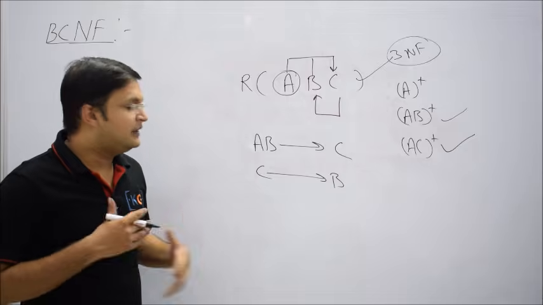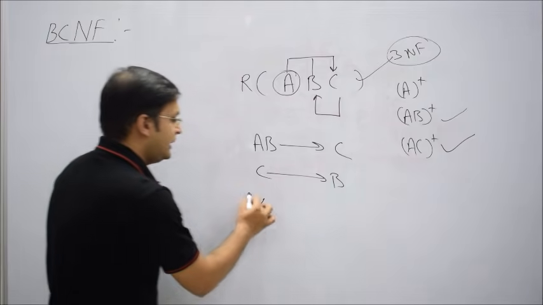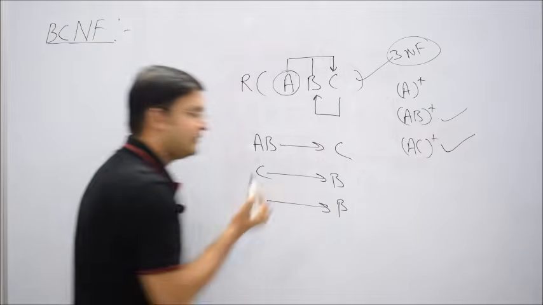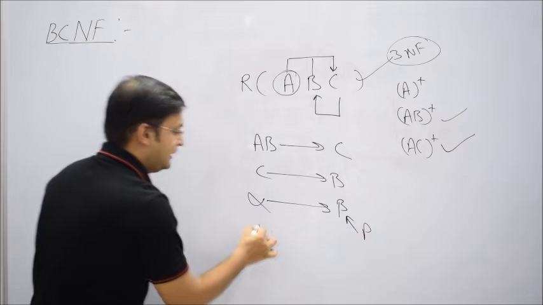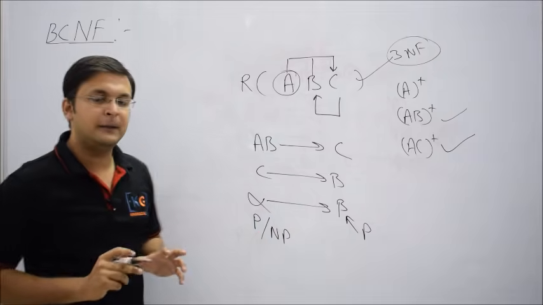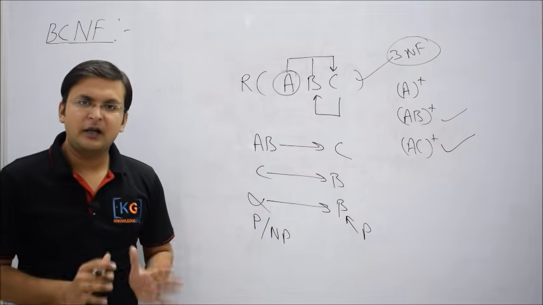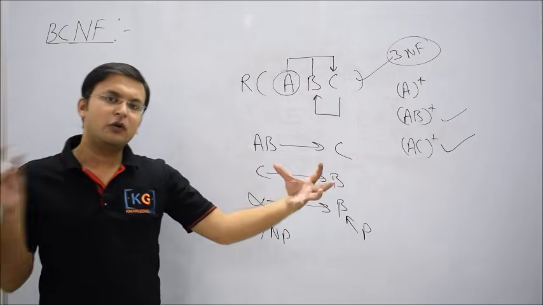Now to deal with these kinds of problems, like I told you earlier, there are 2 cases which are remaining. If alpha to beta there's a dependency, and there's a prime attribute on the beta side, and it could be prime or non-prime. You understand this theoretically: primes are those attributes which are part of a candidate key, so they should find others, not be found by someone else.